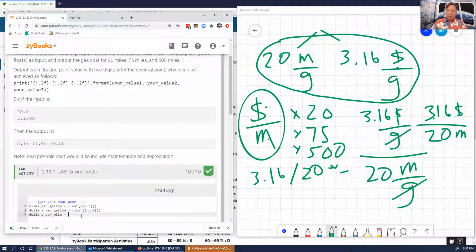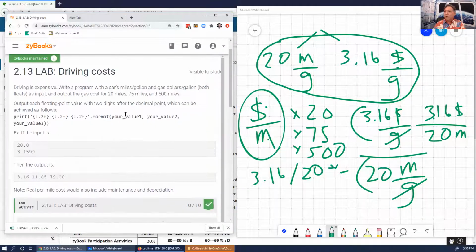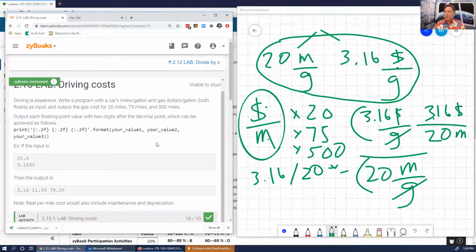And then we've got dollars per mile equals the dollars per gallon over the miles per gallon, that divided by that. Okay, so we have dollars per mile, and then we've got 20, 75, and 500. And that's cost.